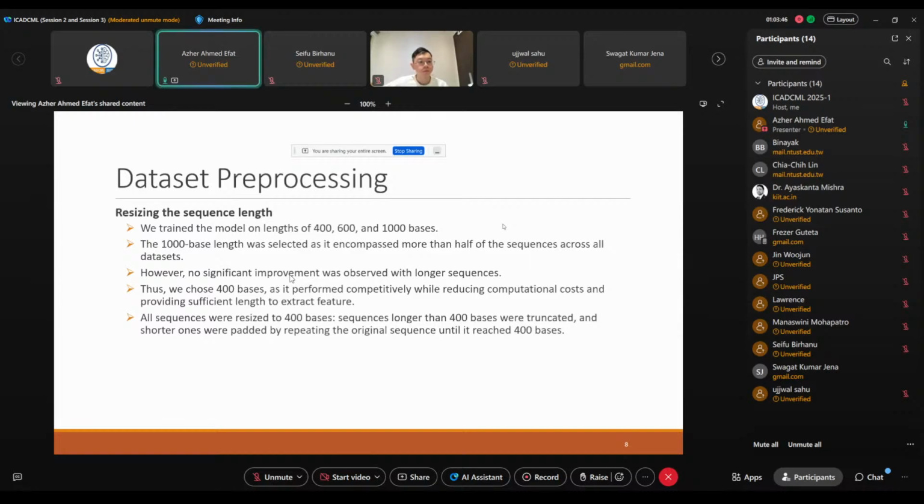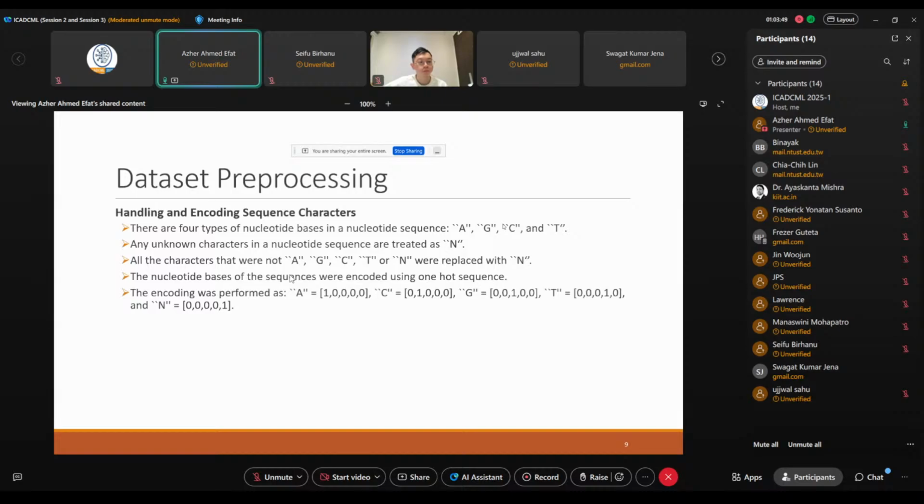After resizing the sequence length, the second part of the dataset preprocessing is handling and encoding the sequence characters. In the nucleotide sequences, there are usually four types of characters, which are A, G, C, and T. And any unknown characters in a sequence are usually treated as N. So all the characters that were not A, G, C, T, or N were replaced with N. And once we handled those characters, we encoded them, because machine learning models or computers can understand only 0 or 1, right?